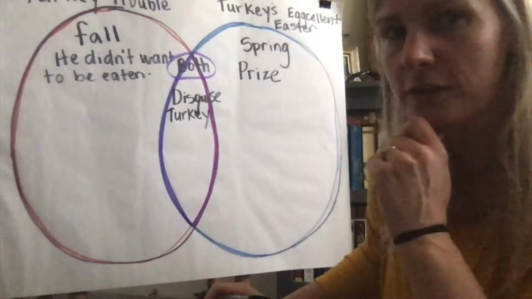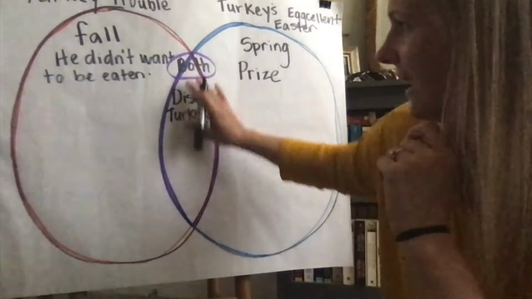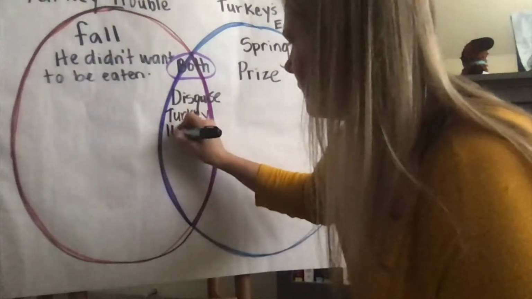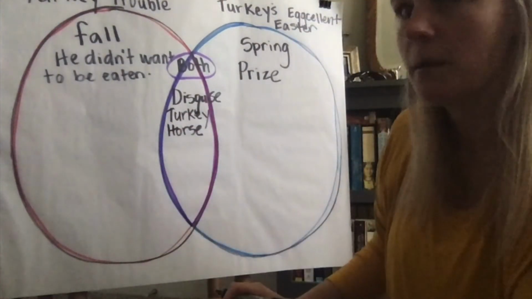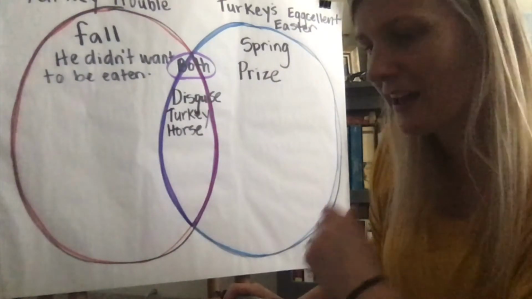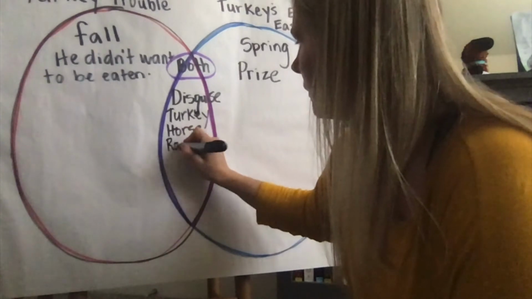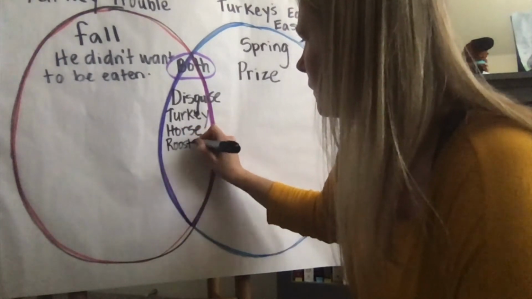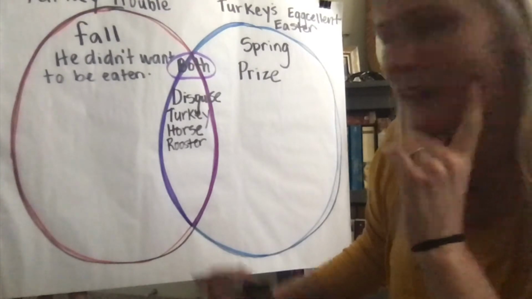What were some of the other characters that were the same? Both stories had a horse. Both stories had a rooster. Both stories had a pig.